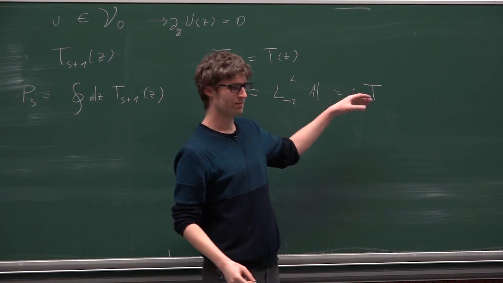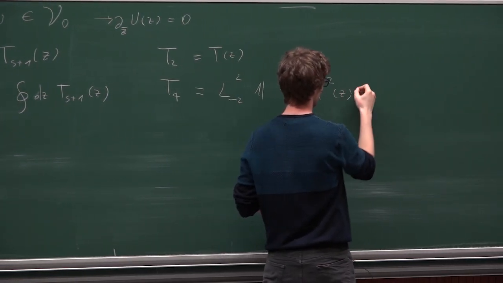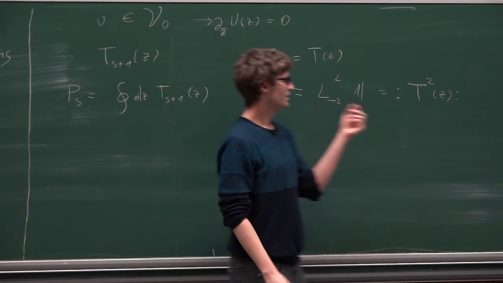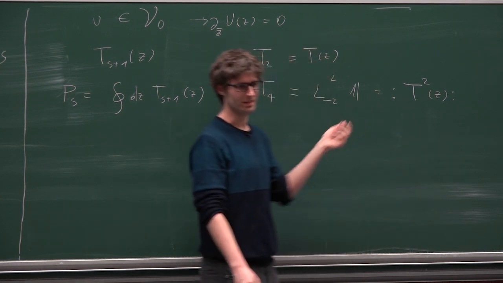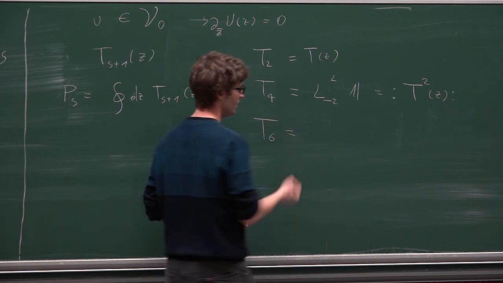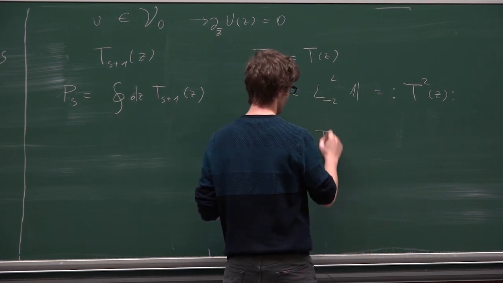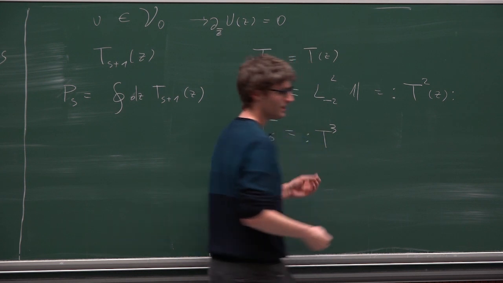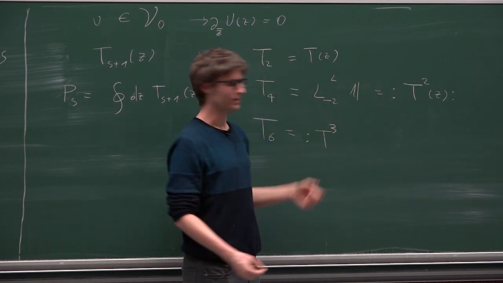the regularized square of the energy momentum tensor. So it's the regular term in the OPE of T with itself. And then T_6, for example, will be a particular combination of, well, you get essentially always regularized polynomials in T and its derivatives.